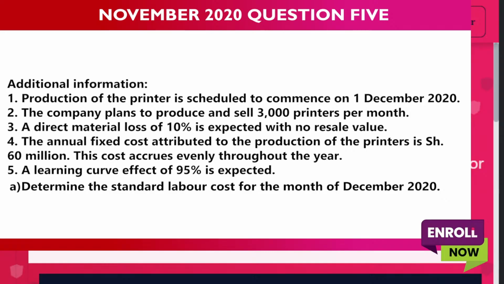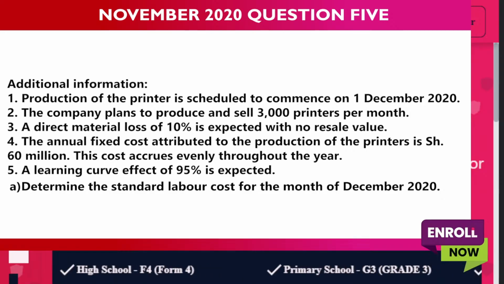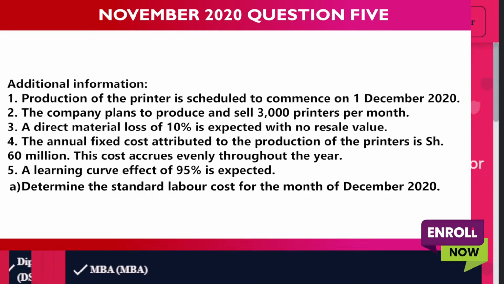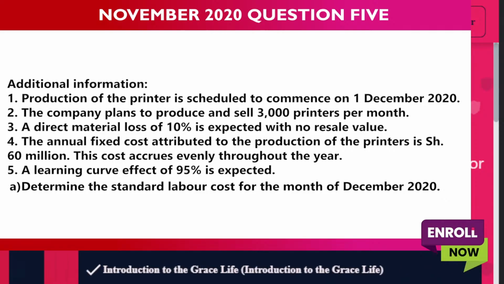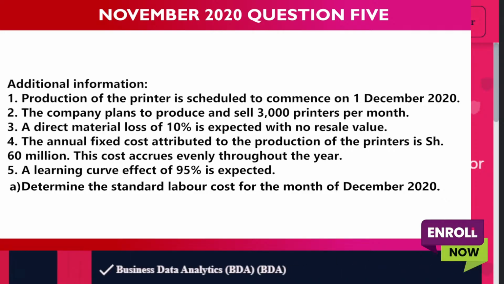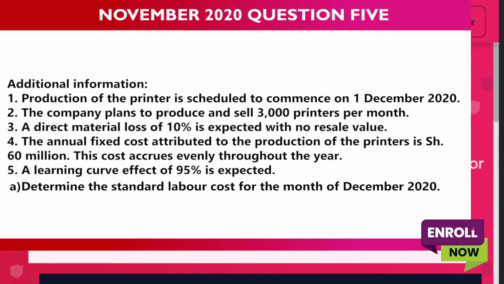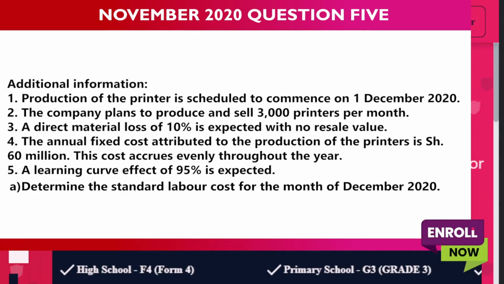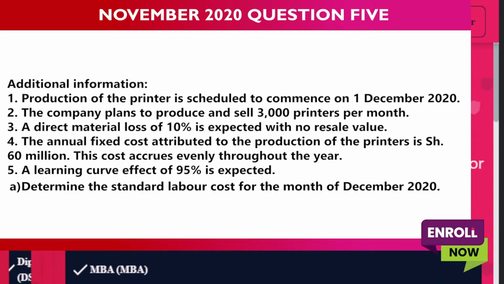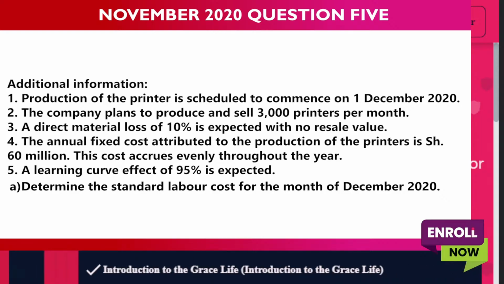The annual fixed cost attributable to the production of the printer is 60 million. The cost accrues evenly throughout the year. A learning curve effect of 95% is expected. Determine the standard labor cost for the month of December.